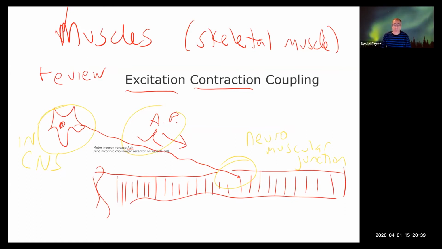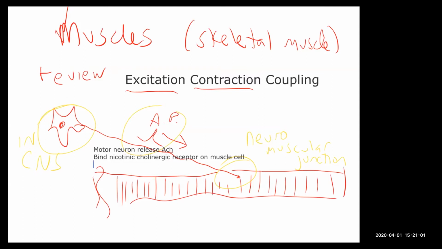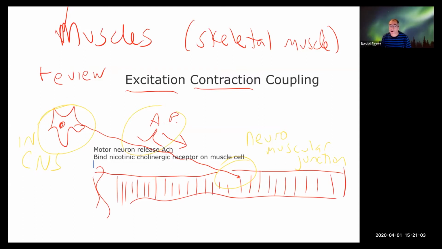What happens next? Oh, that's probably too small. Can you read that, or is it a little small? What's going to happen next, once the nicotinic cholinergic receptors on the muscle cell are bound by the acetylcholine? Yeah, so that's going to open up sodium channels in the membrane of the muscle cell.